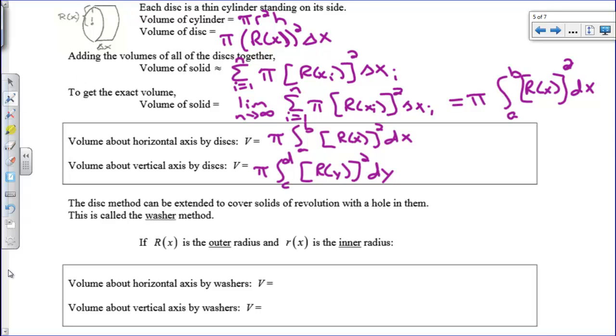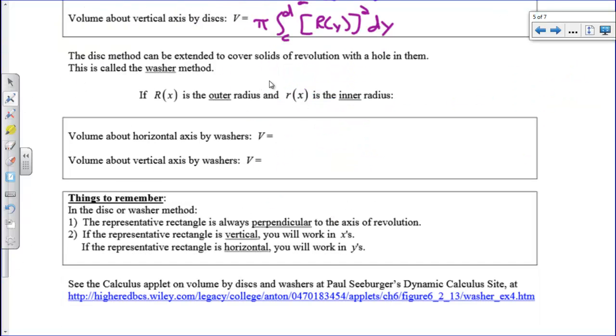Now if there is going to be a hole, if you're going to revolve the region around an axis of revolution and there's some space open, then we're going to have to subtract off that hole. It should make sense to us. It's called the washer method, and our volume is going to work out to be pi times the integral from a to b of our outside radius squared.